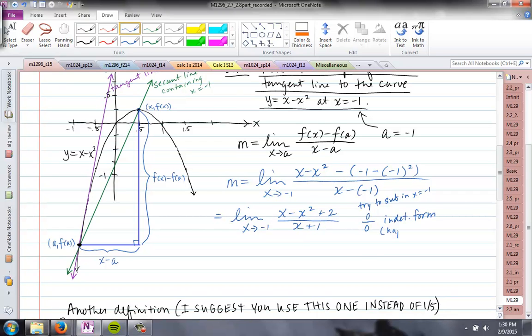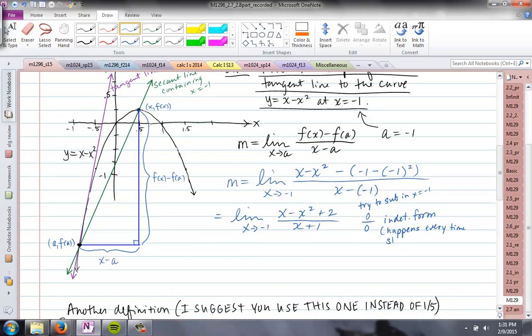Actually, this happens every single time for the definition of a derivative, so you don't even have to bother doing this step once you know that. If you recall from 2.1, this happened when you try to plug in the point with itself, and that's exactly what is happening here.